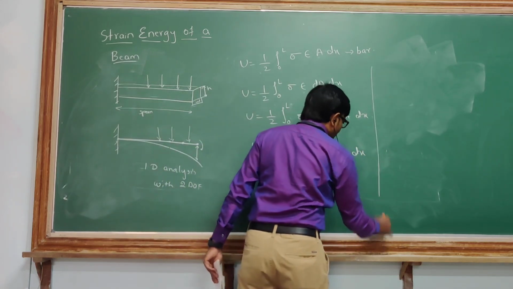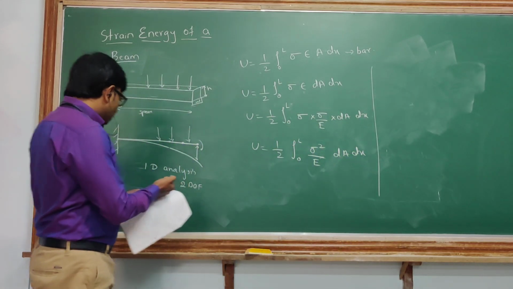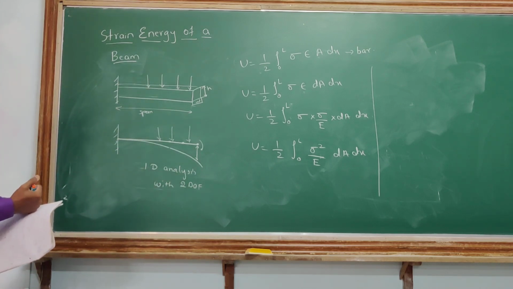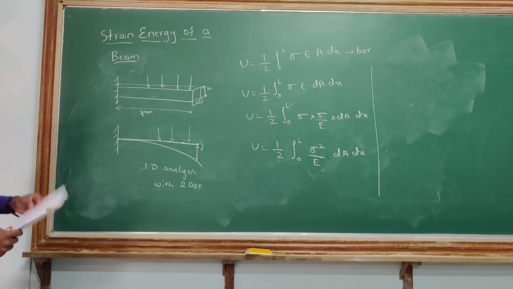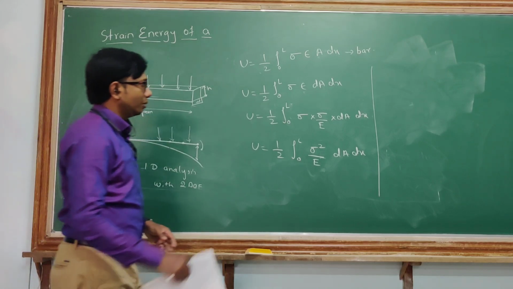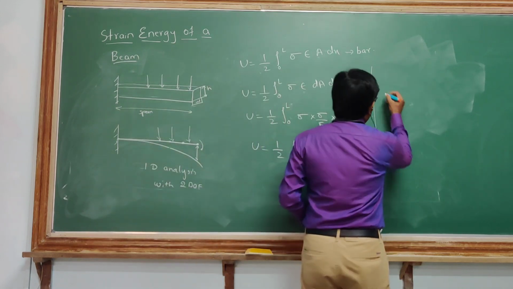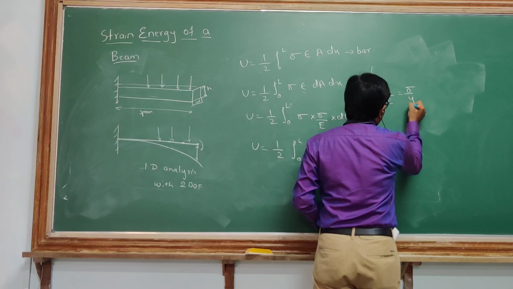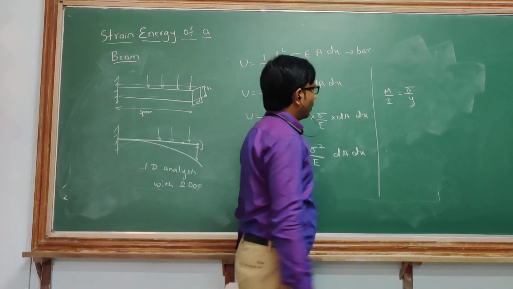The stress induced in the beam is called bending stress, so I can modify this bending stress into a simple equation: M by I is equal to sigma by Y. You know this basic equation.